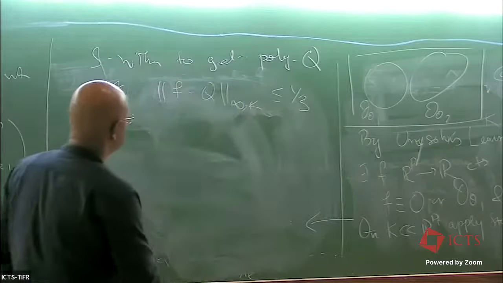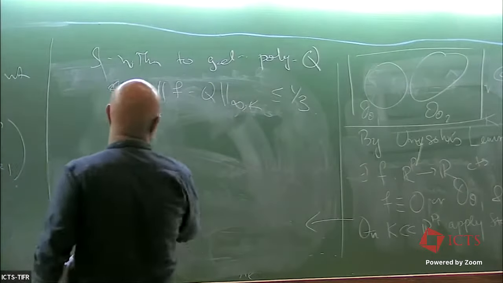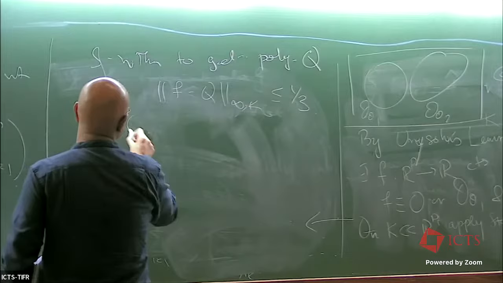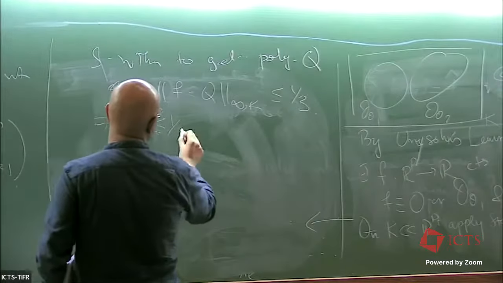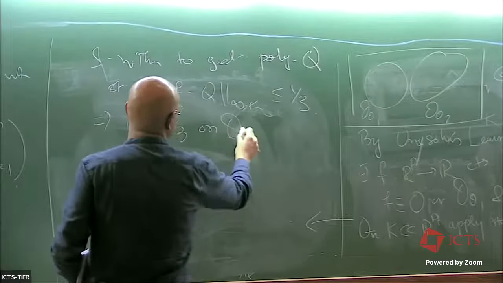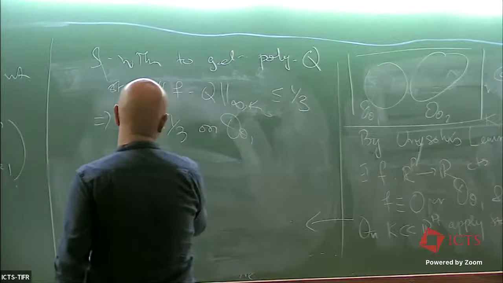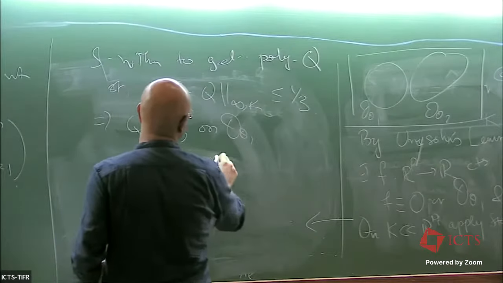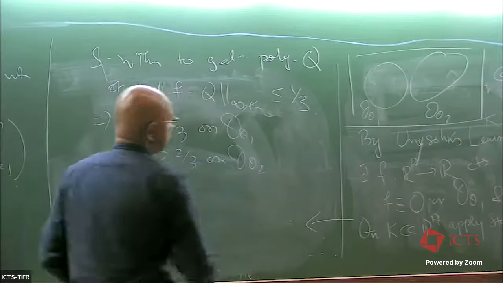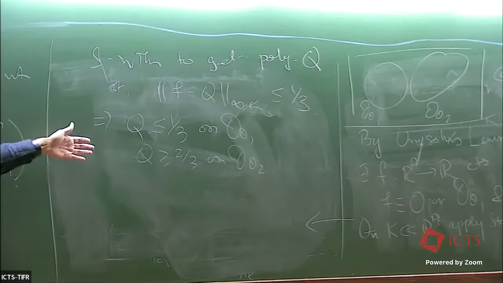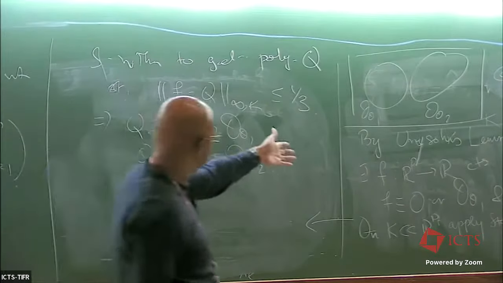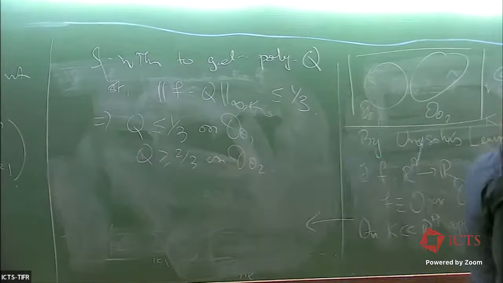We don't care because the orbits are fully contained inside. So this implies in particular that Q is less than or equal to 1/3 on the orbit of θ1, and Q is bigger than or equal to 2/3 on the orbit of θ2. So we now have found a polynomial which separates the two orbits.